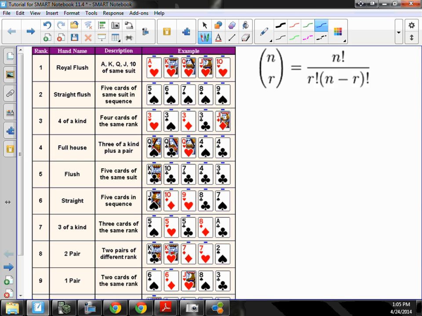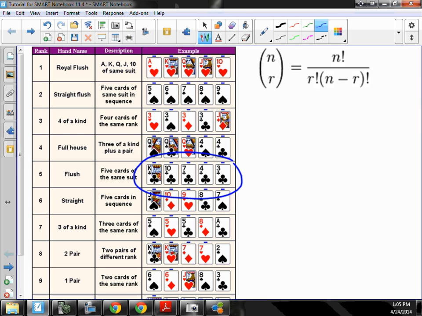So, what do I know about the numbers of those 5 cards? What can you guarantee about those 5 numbers? They're all different. Because if 2 of them are the same, it's not a flush. Okay?